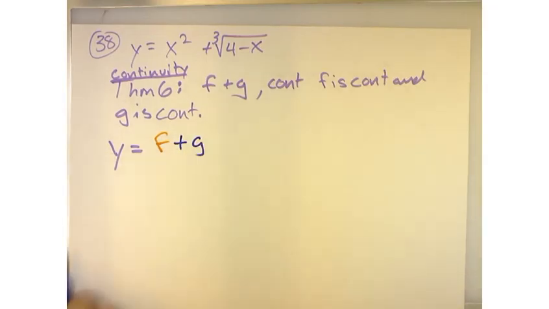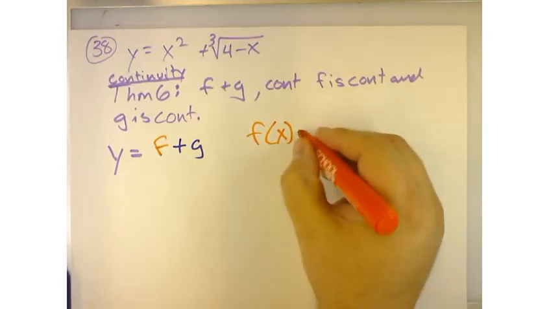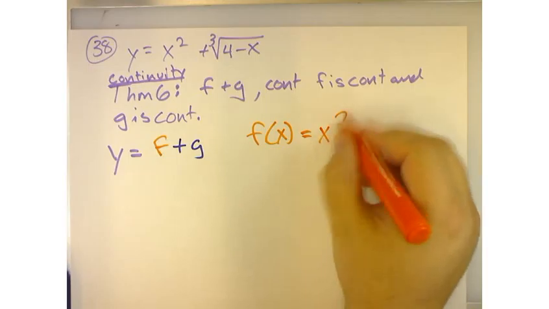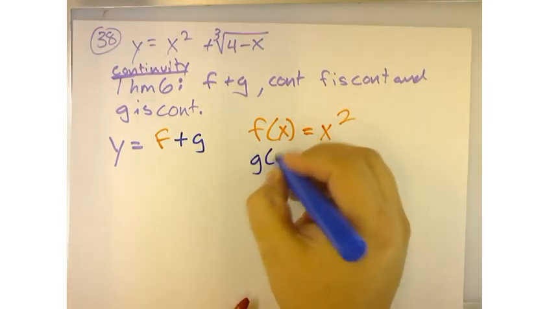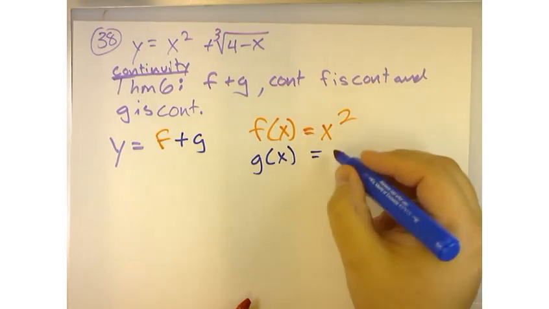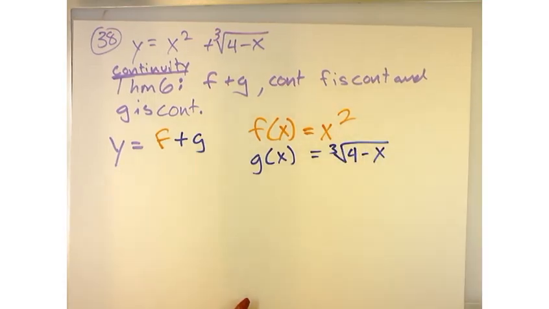And so what does that mean? Well, we would say that f of x is equal to x squared. That's a continuous function. And then we could say that g of x is equal to the cube root of 4 minus x.